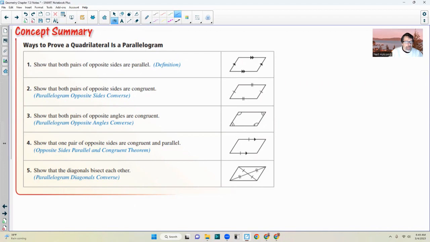Four, show that one pair of opposite sides are congruent and parallel. And finally, five, show that the diagonals bisect each other. So there's the concept summary, all put together in one nice little table. There are 5 different ways to prove a quadrilateral is a parallelogram.